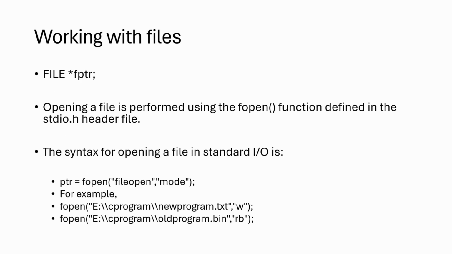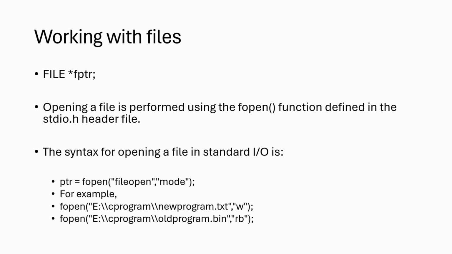When you're working with files, you are going to need a pointer to a file. Okay? And opening a file is performed using the fopen function. It's defined in the header file for you, stdio.h, that we've been working with. So you don't have to include any other file for files. Okay?